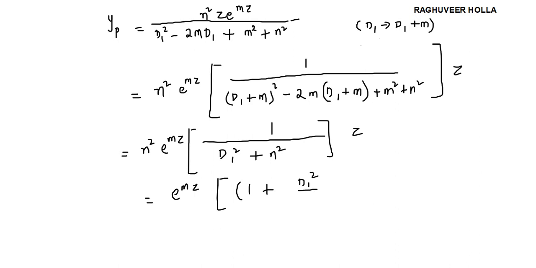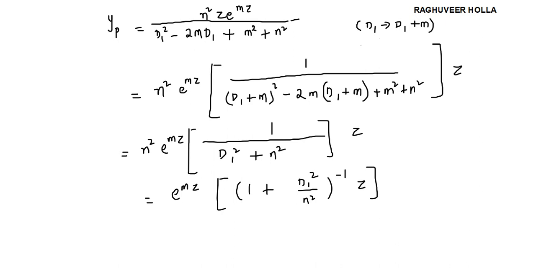So what I have done is taken n square and brought it to the numerator. Those two steps I have done, as well as cancelling out n square.